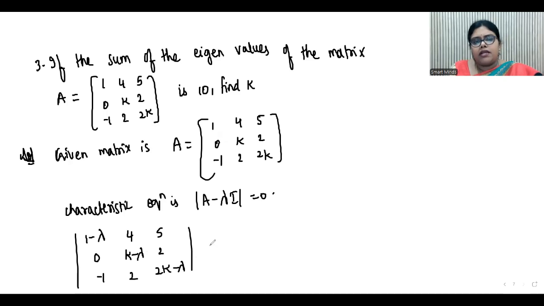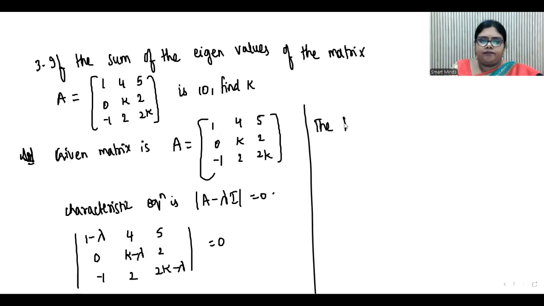Now here lambda is also unknown, K is also unknown. So in this case, we won't expand the determinant. What do we do? We find the trace. Trace means add all the principal diagonal elements. You add them and equate it to 0.